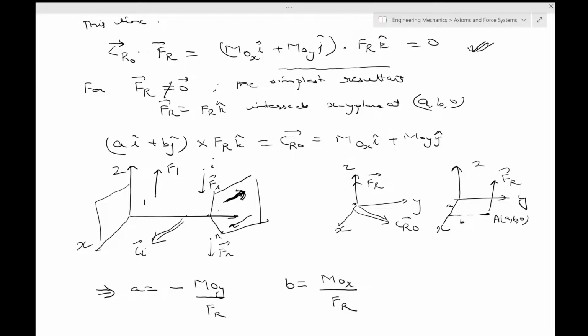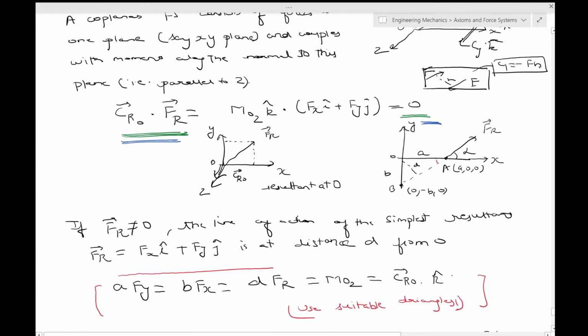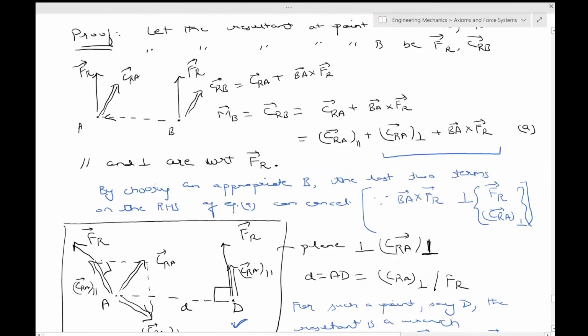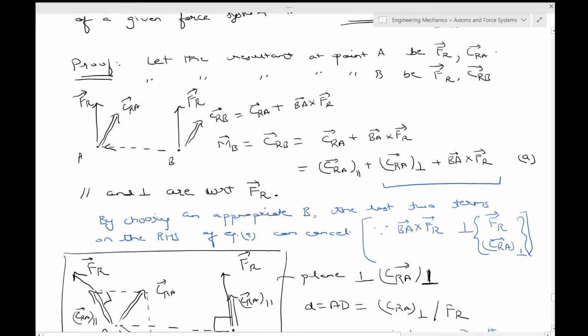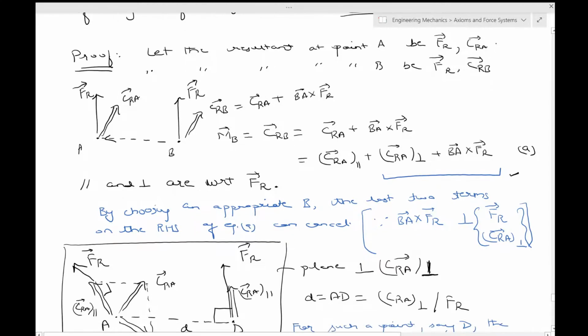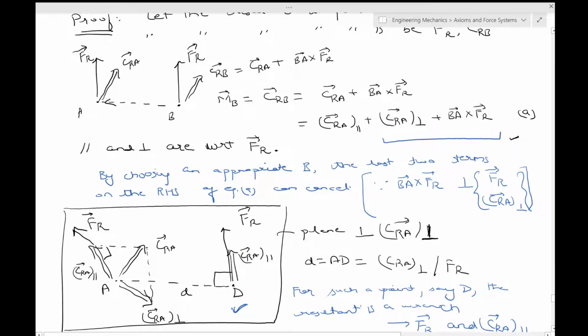So remember, for a wrench you had to make this term 0, hence you chose your point B as D such that this gets cancelled. Though it is mathematically very nice, physically many situations may not require us to go to this, and we may choose another point which may not be a wrench, but still it will be convenient over there.